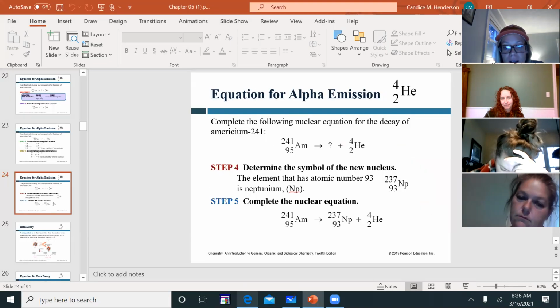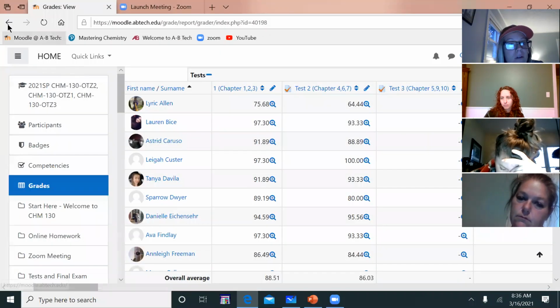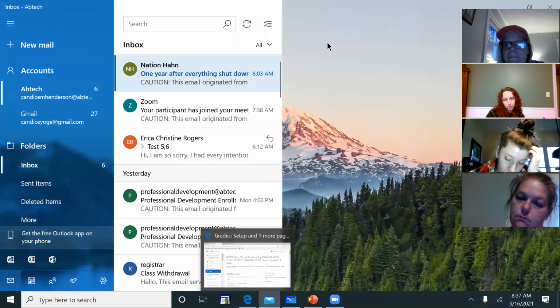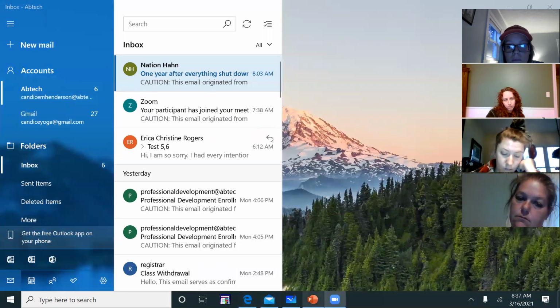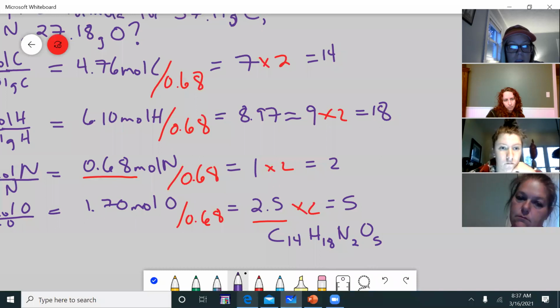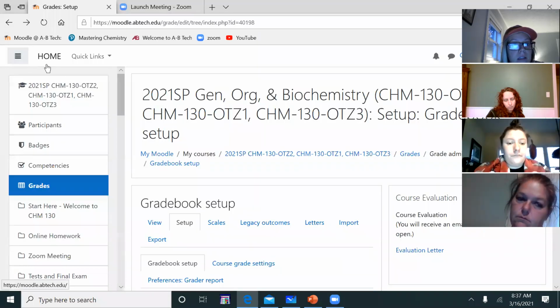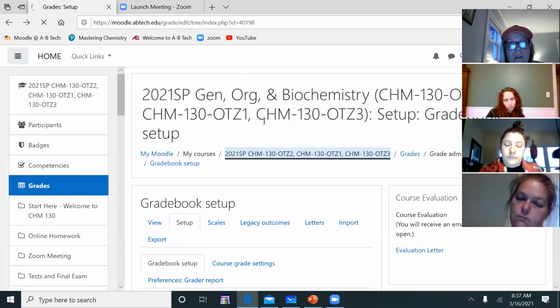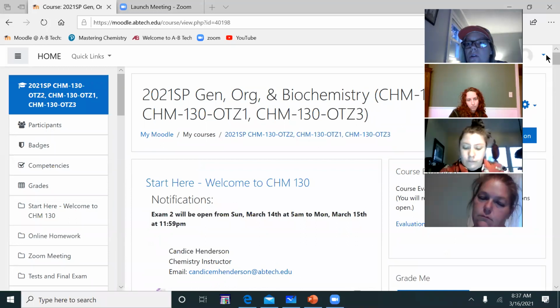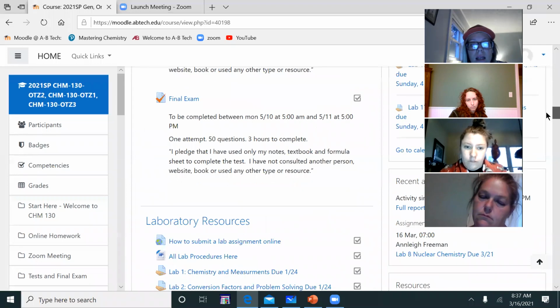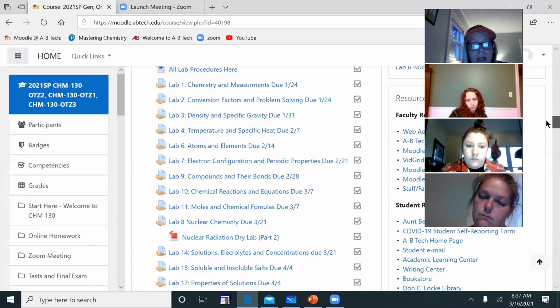I want to talk about what is going on with the lab. So traditionally the labs are in your lab manual, right?